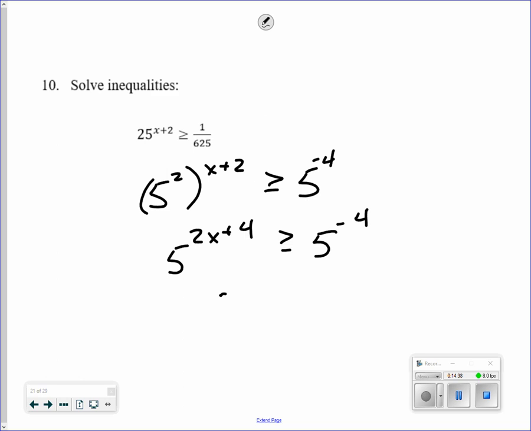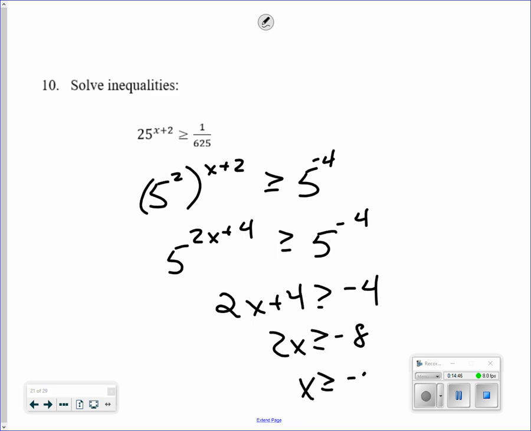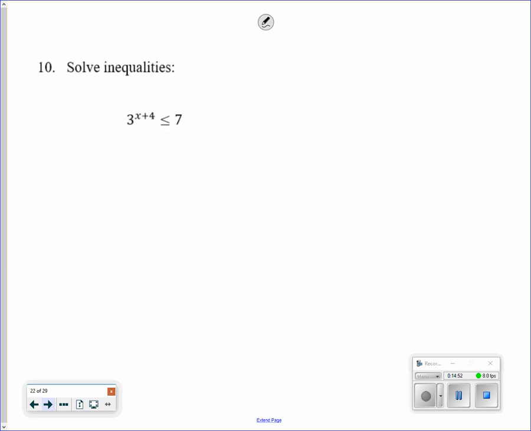Now that the bases are the same, the exponents then can be set equal, or in this case, greater than. And now it becomes an Algebra 1 question that I hopefully am capable of solving. Now I can't get the bases to be the same. So now I'm back to taking the log of both sides, moving the exponent out in front.